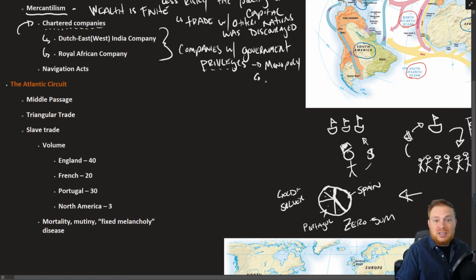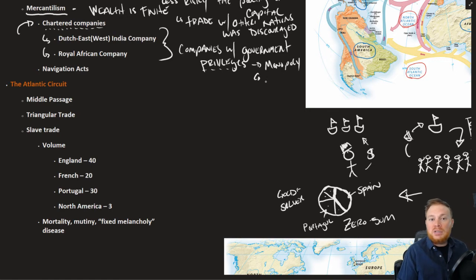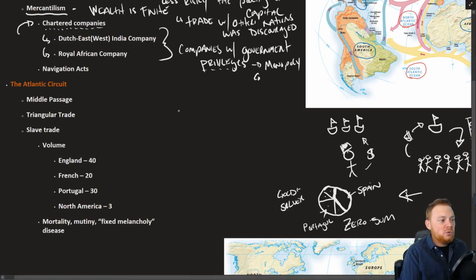Britain and France and the Dutch and the Spanish, they all competed with each other, but these chartered companies never competed with other companies from their own nation. It was very, very nationalistic, and that's really one of the reasons why colonization in this period was so intense, because, let's say that England wanted to get silver, right?